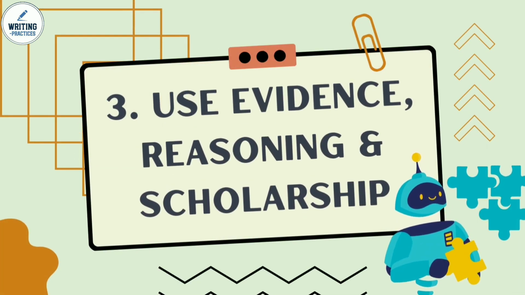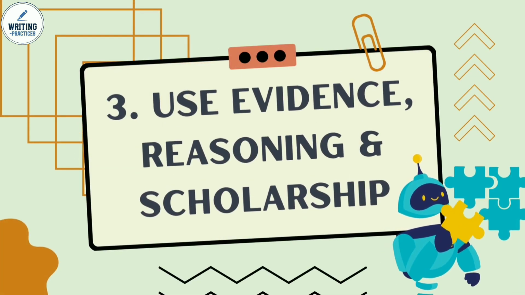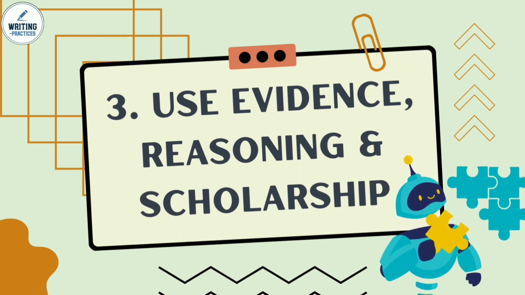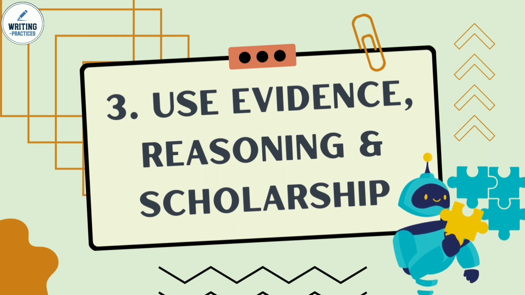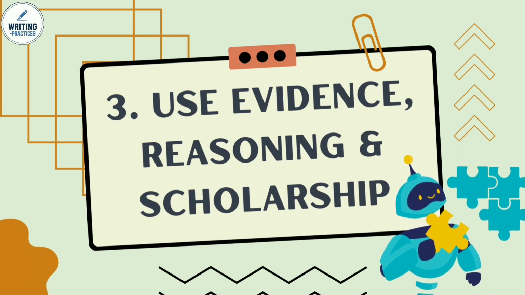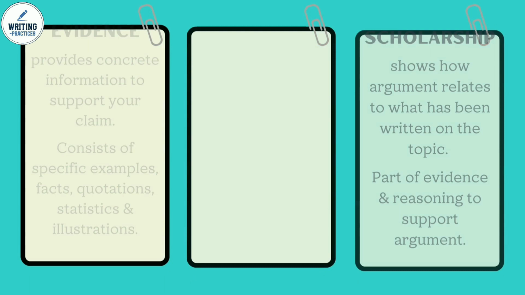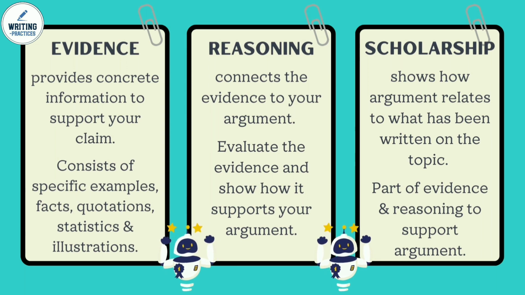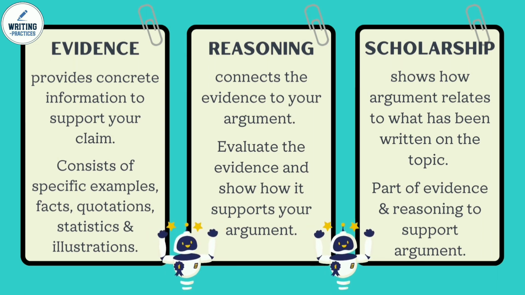Tip number 3. Use evidence, reasoning and scholarship. To convince your audience of your argument, you must use evidence and reasoning, which involves referring to and evaluating relevant scholarship. Evidence provides concrete information to support your claim. It typically consists of specific examples, facts, quotations, statistics and illustrations.